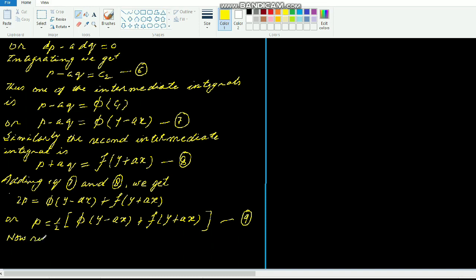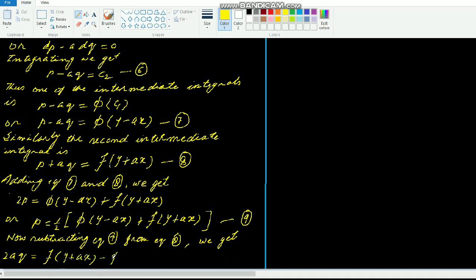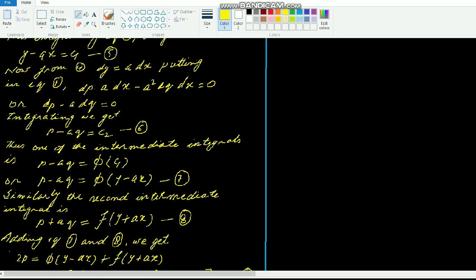Now, subtracting equation 7 from 8, we get, p is cancelled by p, and aq plus aq, 2aq is equal to, on the right hand side, f of y plus ax minus phi of y minus ax.